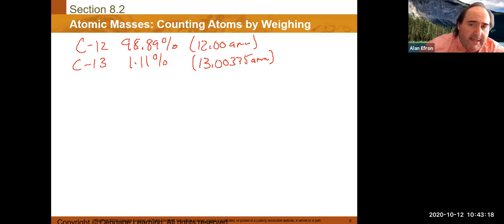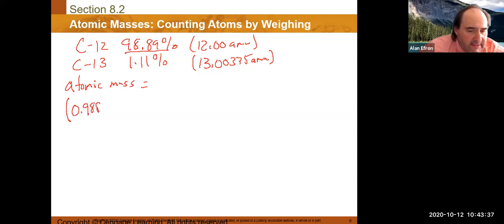So if we wanted to calculate the atomic mass of carbon, we would take the percentage of the first isotope, which is 98.89%, and we need to convert it into a decimal. You can divide it by 100 or just move the decimal point two places to the left. We would multiply it by the atomic mass of that first isotope.